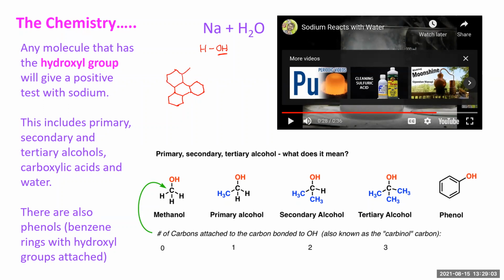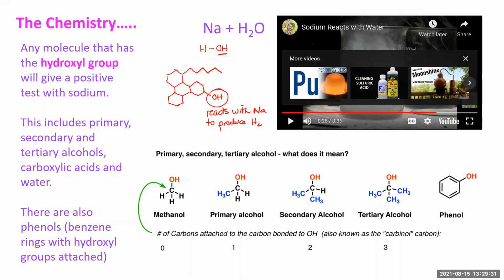You might have some long chain here and a hydroxyl group. It doesn't matter how big the molecule is, you still have a hydroxyl group, so this will still react with the sodium. And that's always going to produce hydrogen gas, which you can test with a pop test.